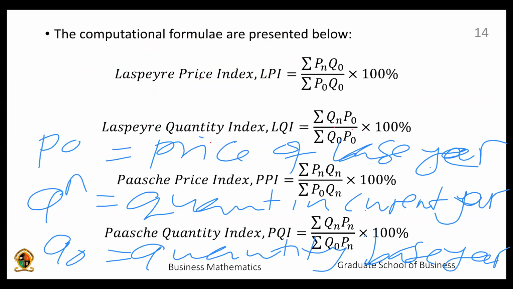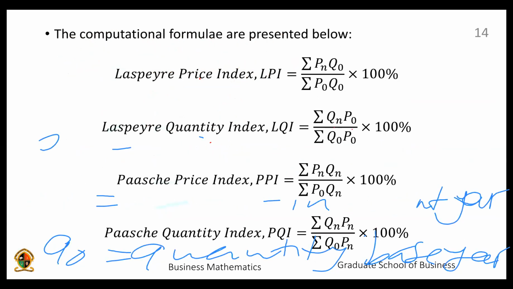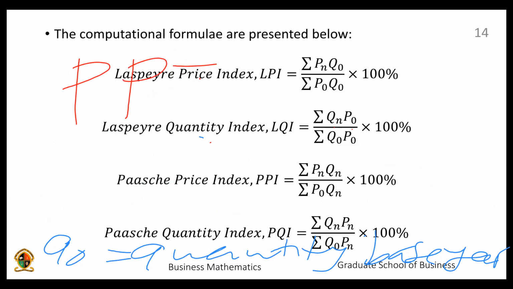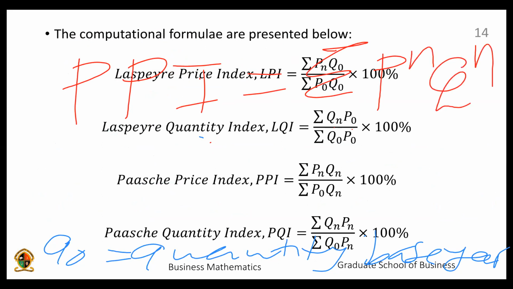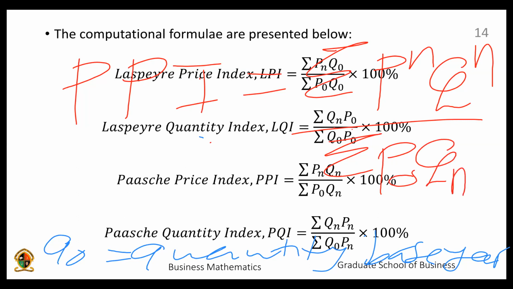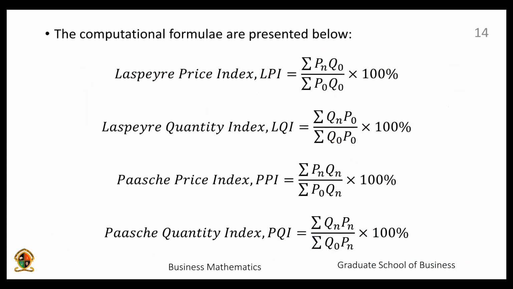Okay. Then when it comes to the per share index, that's the same. The per share price index is given as the summation of price n times quantity n over the summation of price naught, the price of the previous period, times the quantity of the new period.